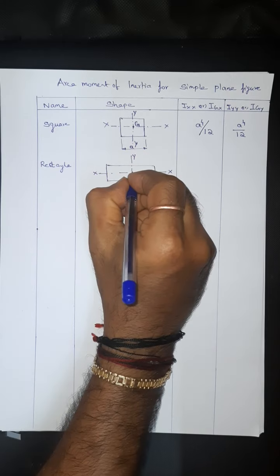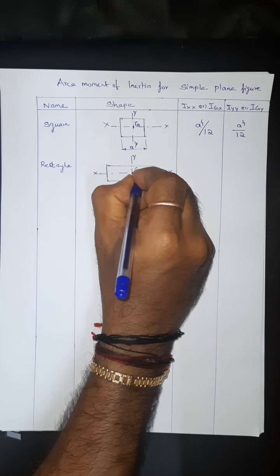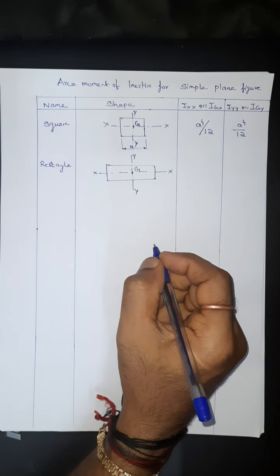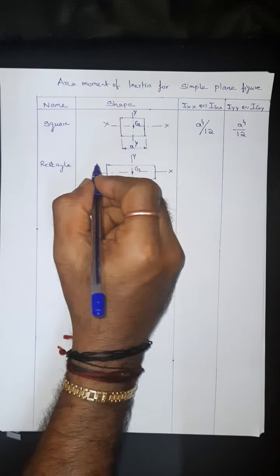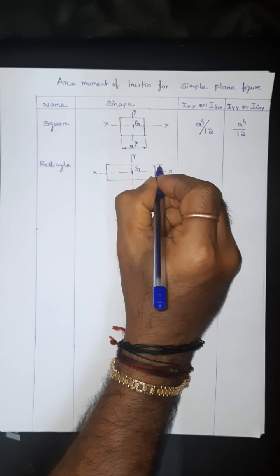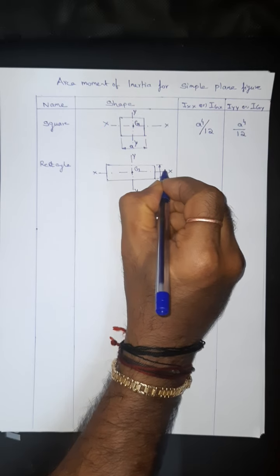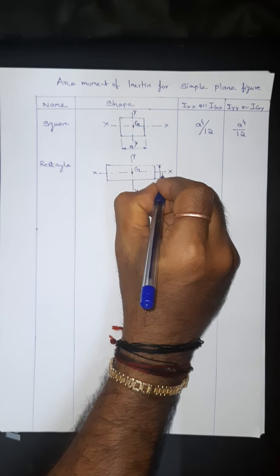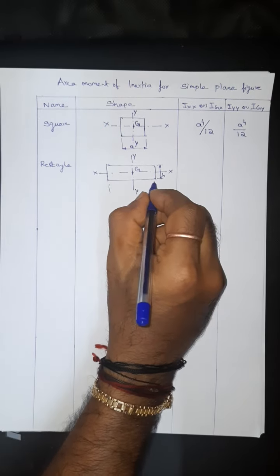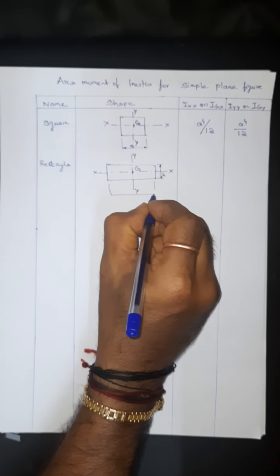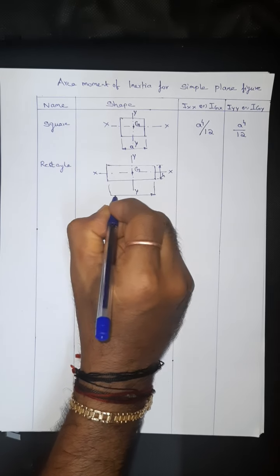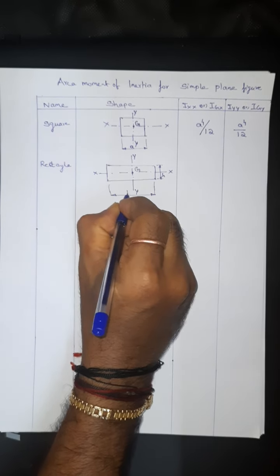This is the central axis. They both meet at one point, which is nothing but the center of gravity G. Its height as H and its breadth can be denoted as B.